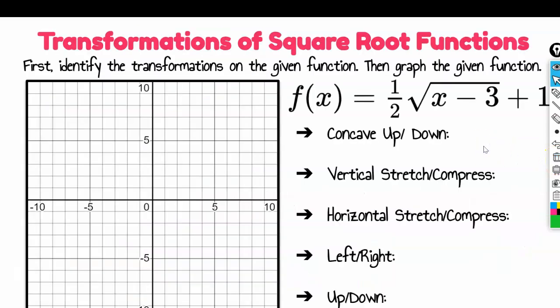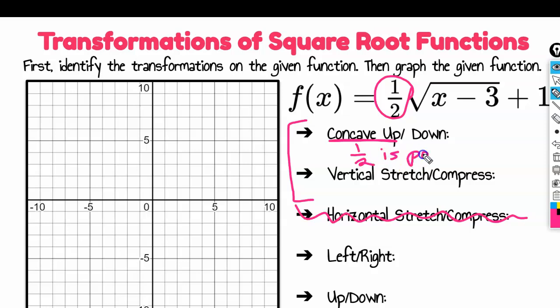So here, is my graph going to be going up or going down? Well, remember these first two things, we're not looking at this. These first two things have to do with A. So since 1/2 is positive, and this is explanation. This is what I want to see. Okay, this is explanation. 1/2 is positive, so that's why it's going up.